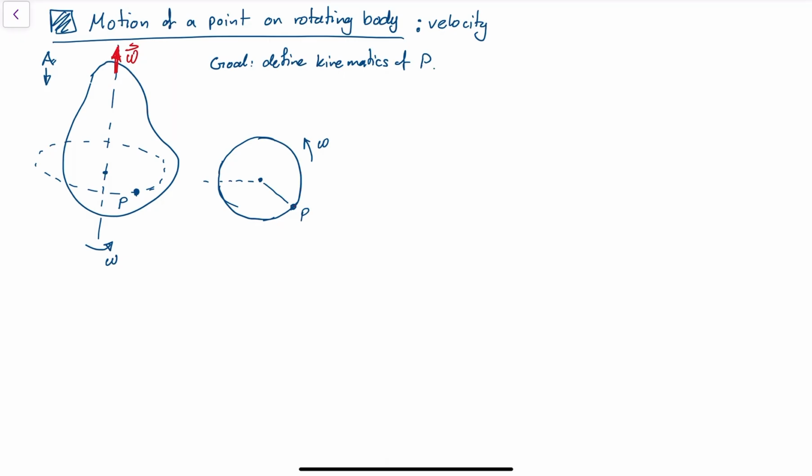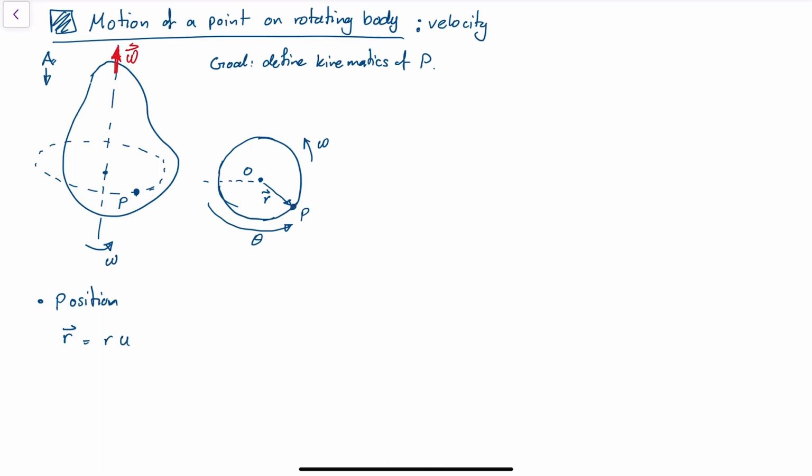So let me define some random reference. This is angle theta. Let's take this point O to be fixed. The position of point P, let me start writing it here. Position is vector r. Well, there's not much to define.